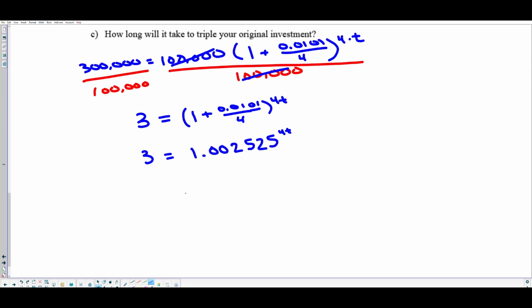Right? So now I can say, hey, you know what? I need to figure out what the t is, so I need to do the log of both sides. And I need to do the log of the base. Guess what base? Base 3 or base 1.002525? That's right. Log base 1.002525 of both sides.